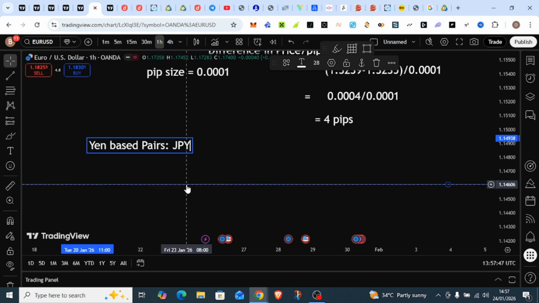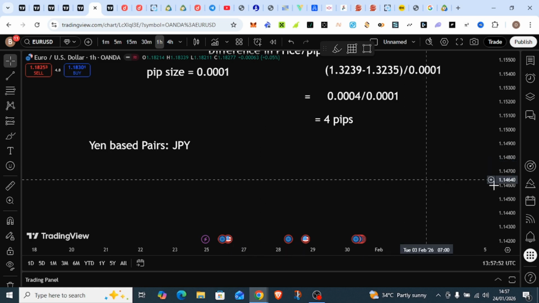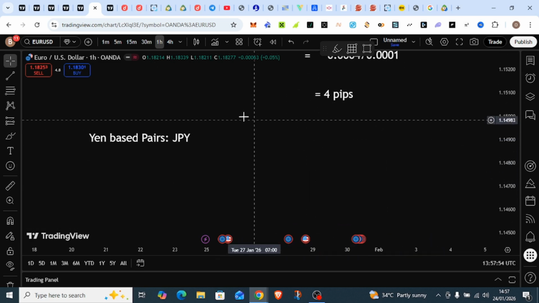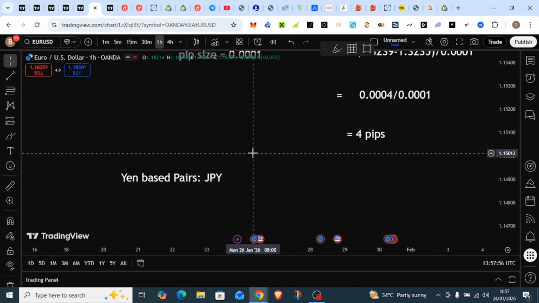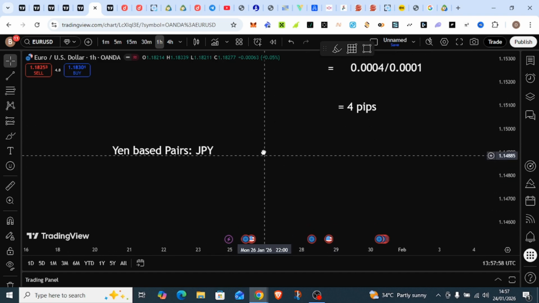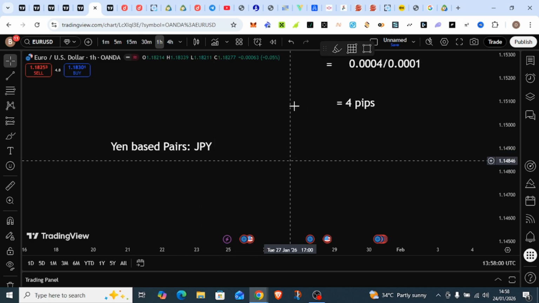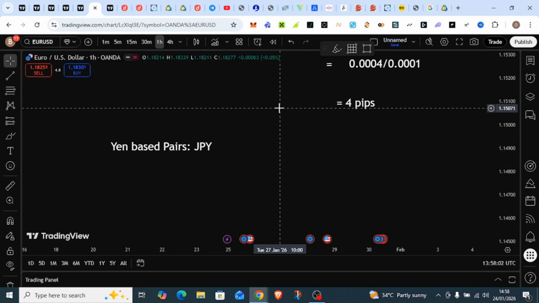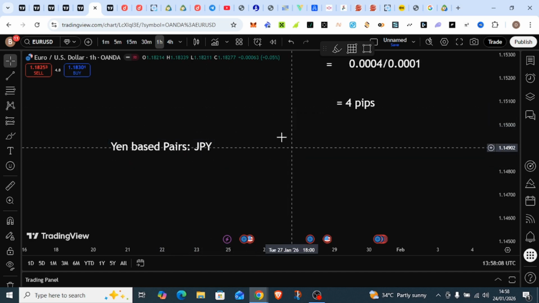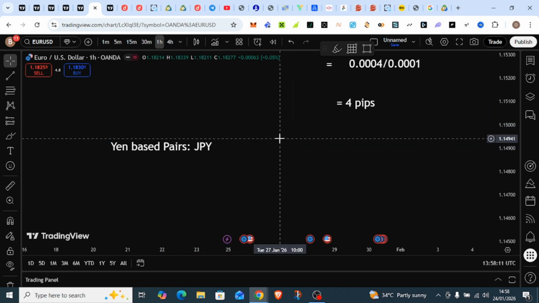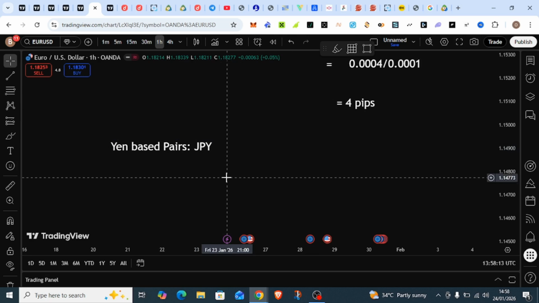The way brokers quote the price is different from the way they quote most Forex pairs. Most of the Forex pairs are quoted in 4 or 5 decimal places, but for Japanese yen, it is in 2 decimal places.